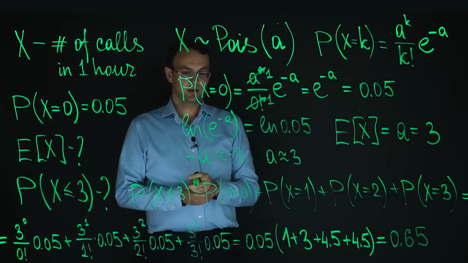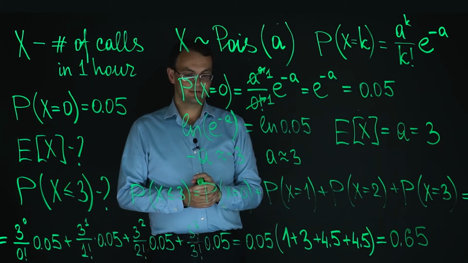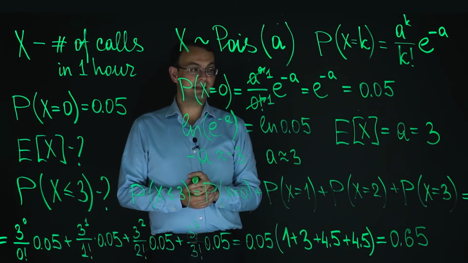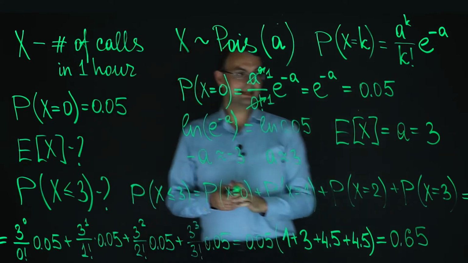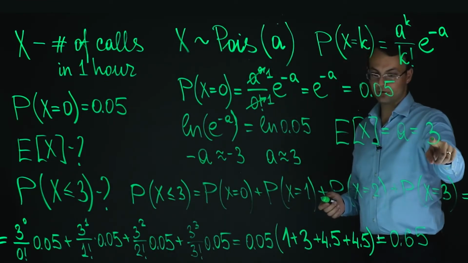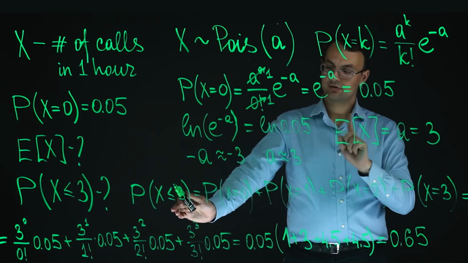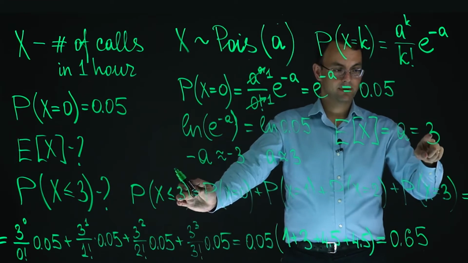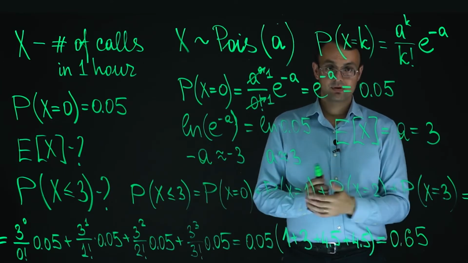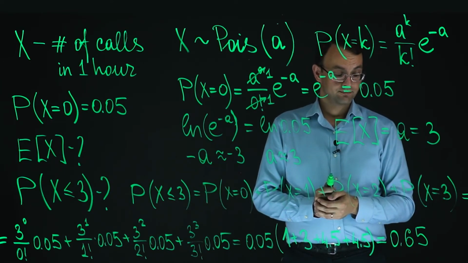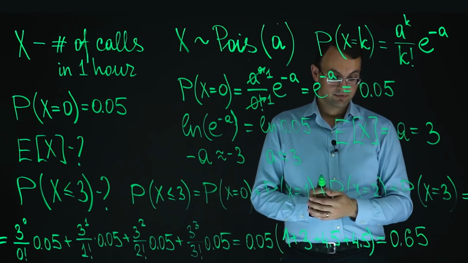So the probability that the number of calls will be less than the expected value, no more, not less, less or equal, no more than the expected value is 0.65.